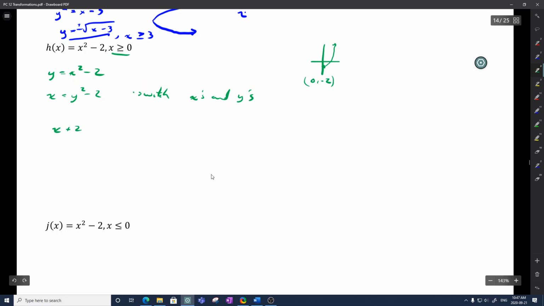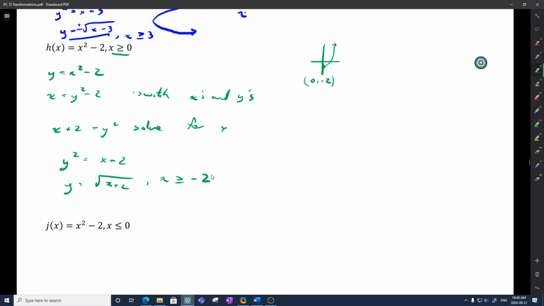So I'm going to add 2 to both sides. In other words, y squared is equal to x plus 2. And now, when I take the square root of both sides, y equals the square root of x plus 2. Now here, I'm going to put the domain. x is greater than or equal to -2.